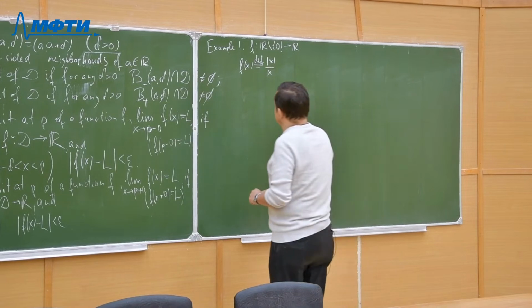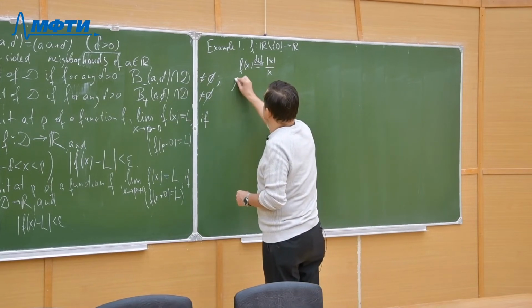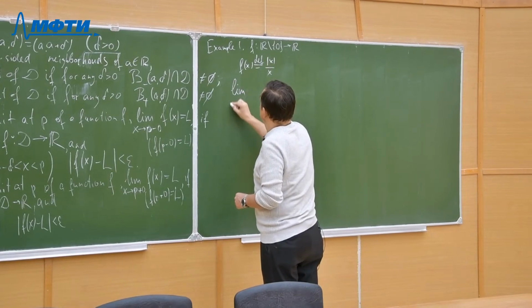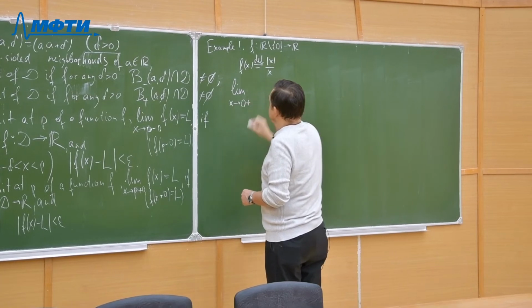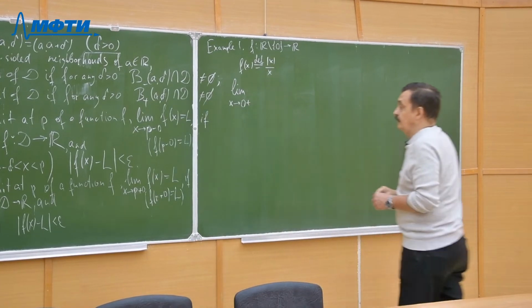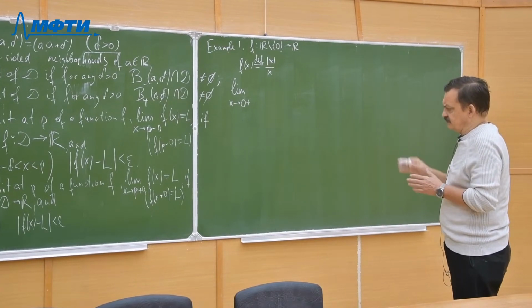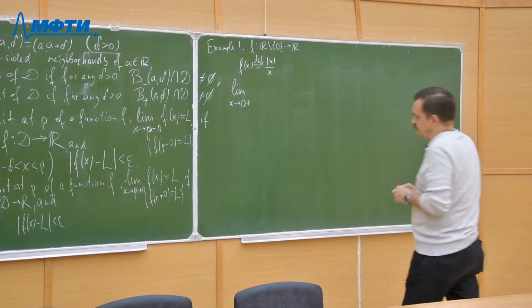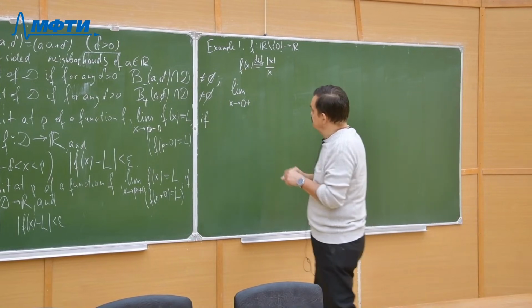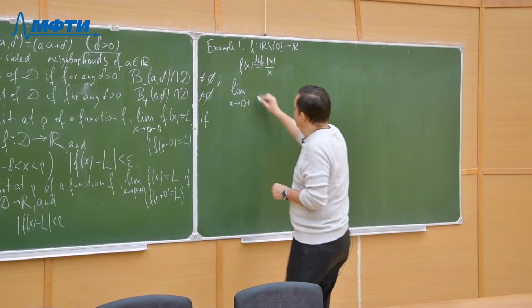So here we are interested in the limit as x tends to 0 plus of f of x. Of course we can write 0 plus 0, but it's sufficient to write just 0 plus.